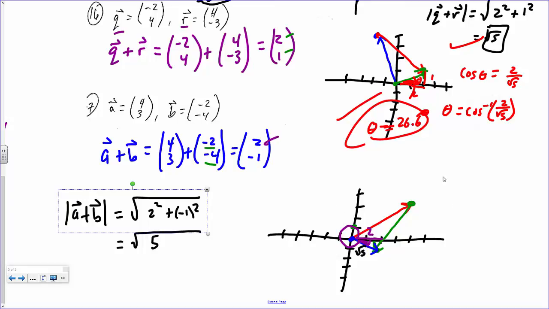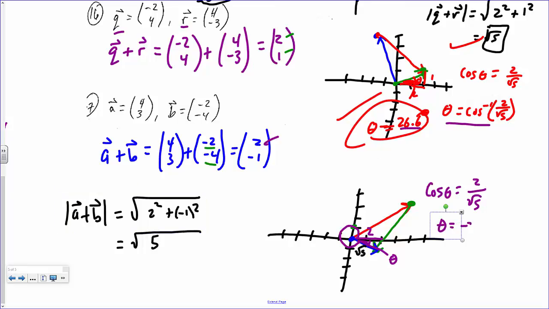So if I'm looking for this angle, call it theta, we're going to say that the cosine of theta will equal 2 over root 5. So I'll do the cosine inverse. Again, we've already found this angle. This will be 26.6 degrees, except it'll be negative because it's going right of the standard positive x-axis.